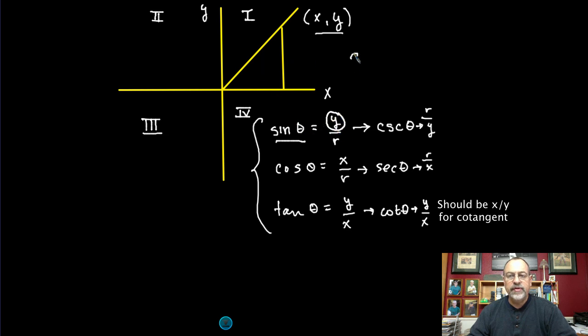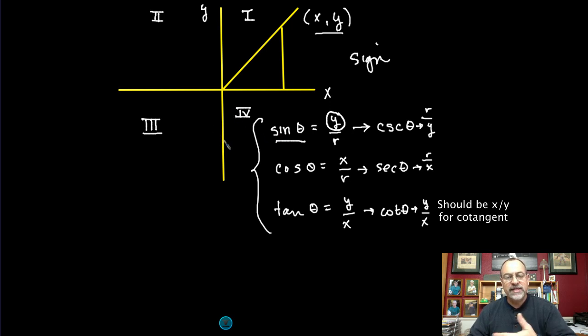What can you tell me about the sign, positive or negative, of the sine ratio in quadrants 1 and 2? Because the y values in these quadrants are positive, the sine function will also be positive. And in quadrants 3 and 4, because the sine function is related to the y values, and in 3 and 4 the y values are negative, the sine function will be negative.